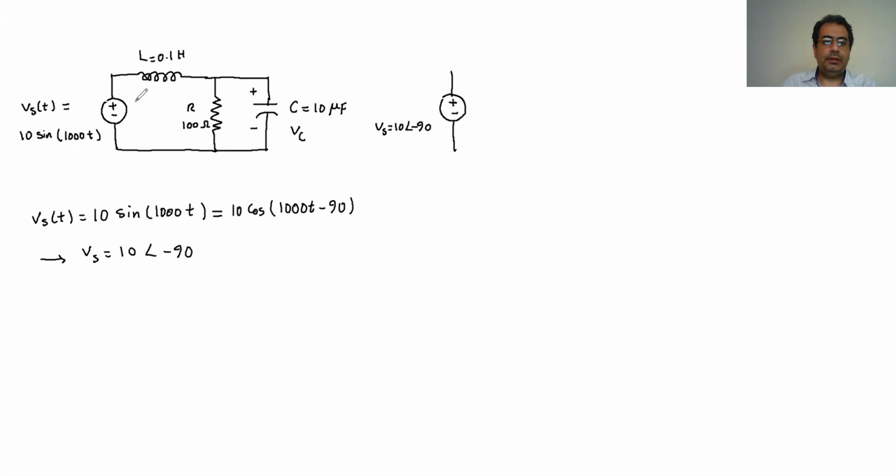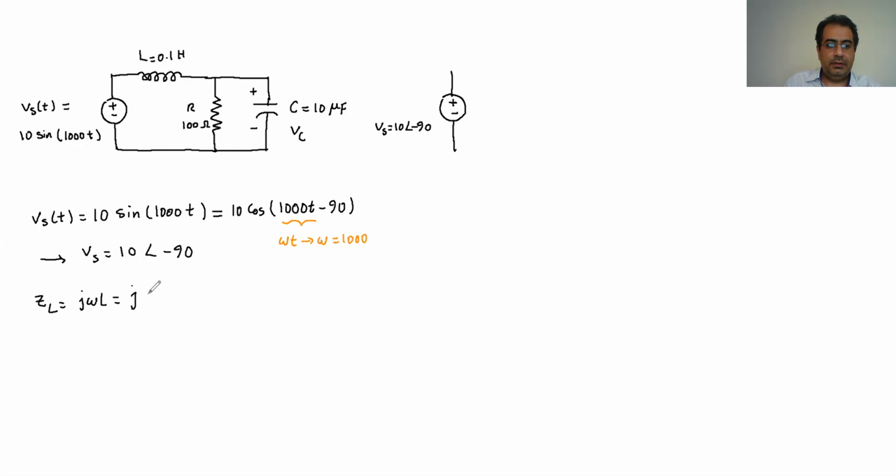Now I have to convert each of these, the inductance, resistance, and capacitance, to impedance. For the inductor, ZL is again j omega L. Look here, this is omega t, so omega is going to be 1000.